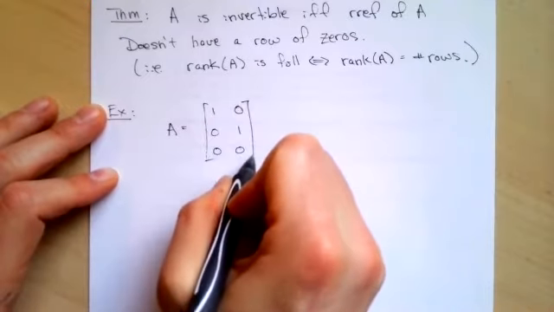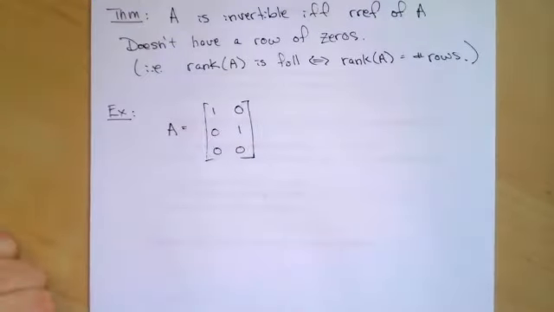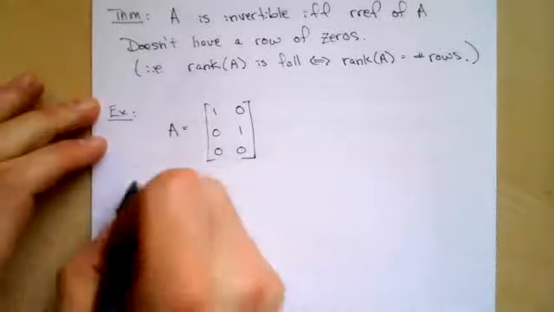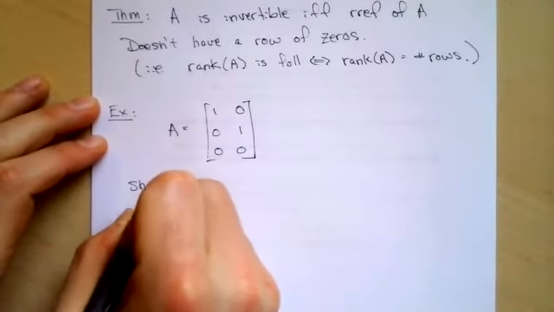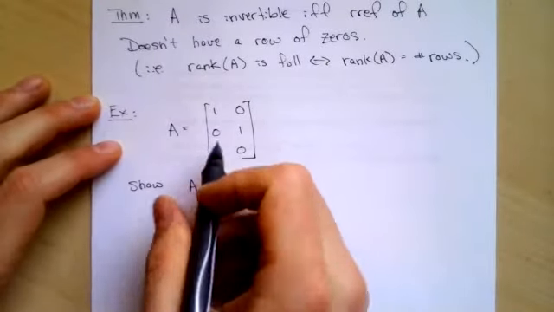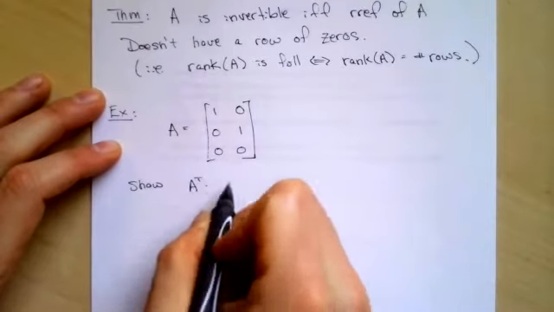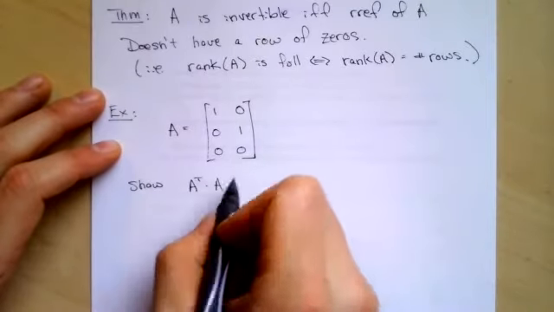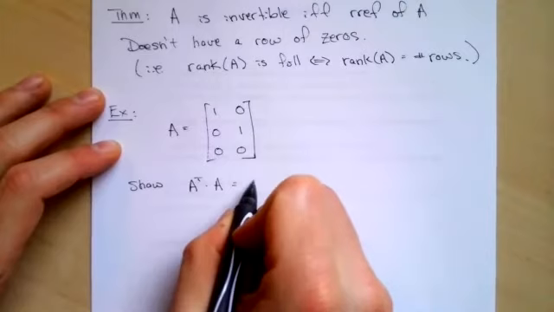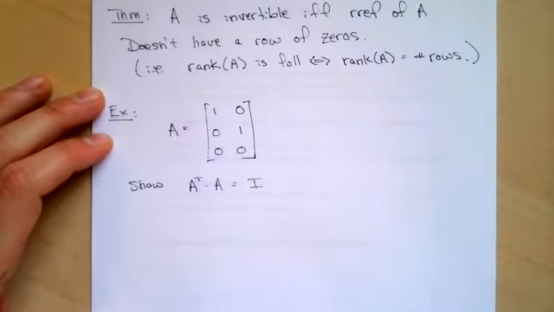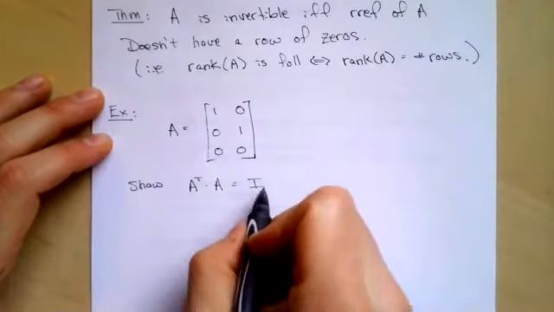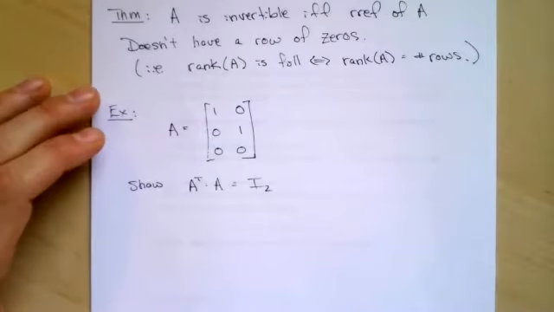But let's say we have a matrix that isn't square. It looks kind of like the identity, but it's got some extra rows of zeros. You can show that A transpose times A is going to give us the identity, and that'll be a two-dimensional identity.